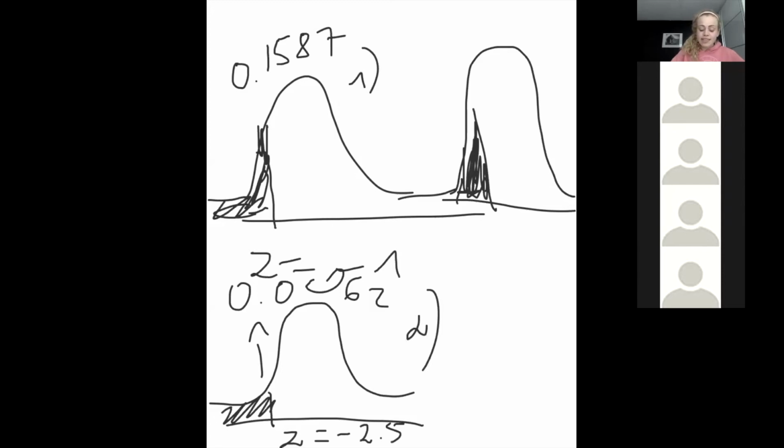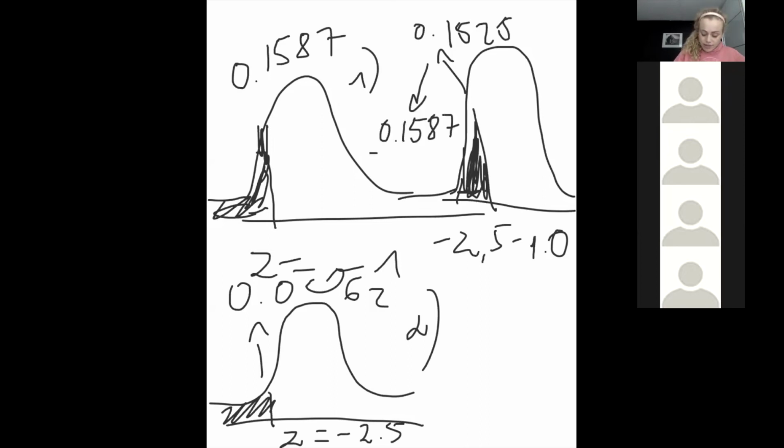So then this area will equal the difference between these two, and it will equal 0.1525. So this was this area minus this area, 0.0062.